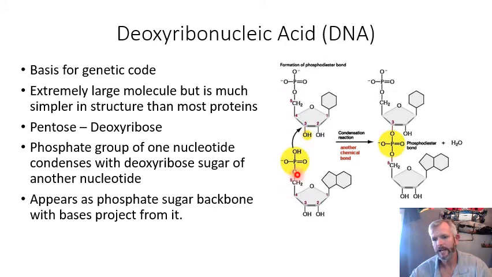If you think of the sides of the ladder, that is the formation between this phosphate and these ribose sugars. You can see the phosphate comes together with OH in what kind of reaction? A dehydration or condensation reaction, because water is being produced. And this is what makes those strand portions.